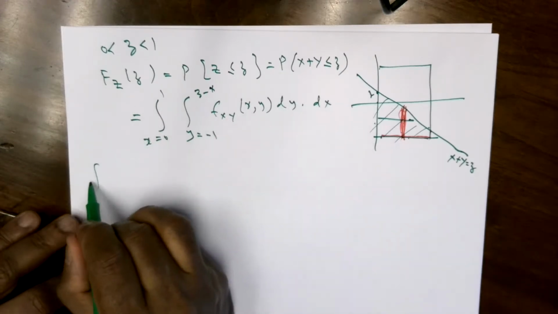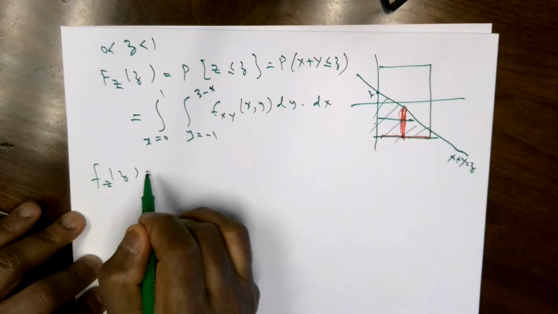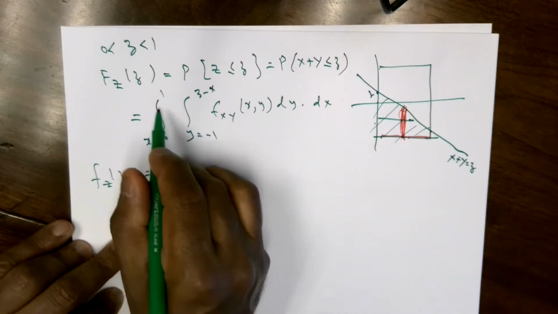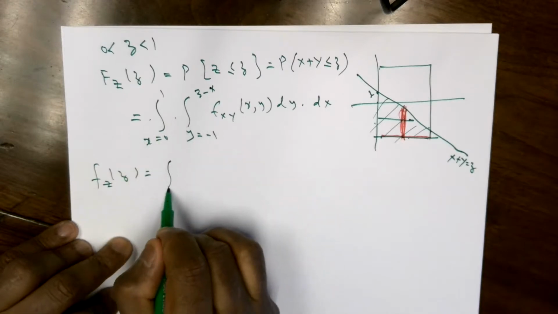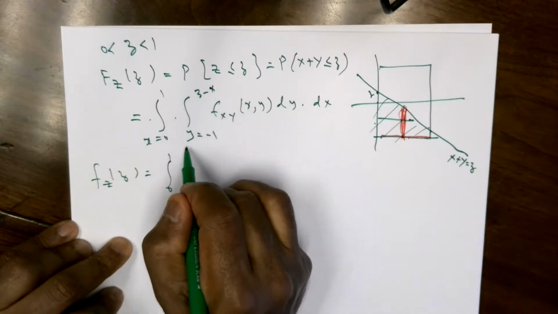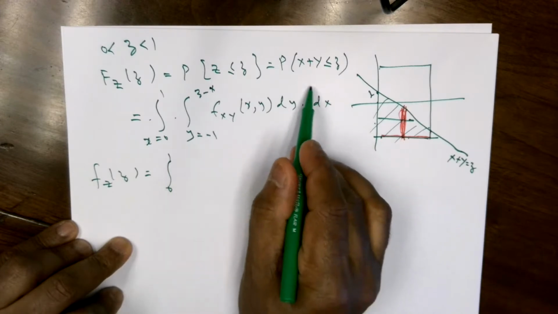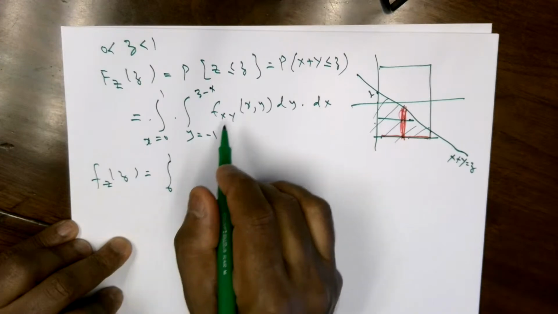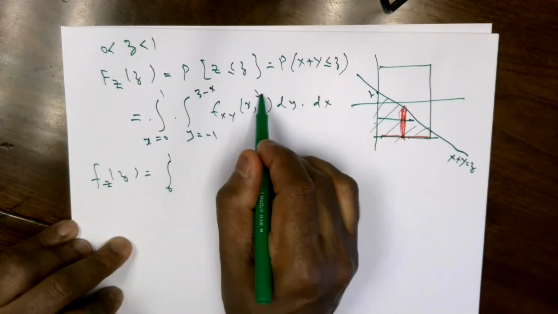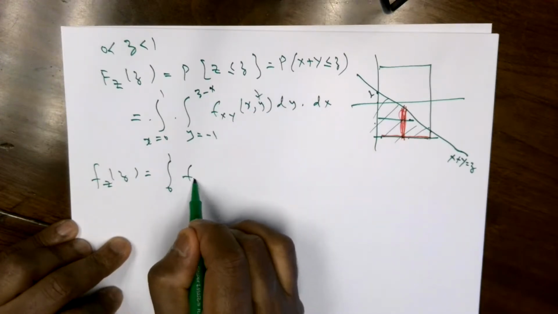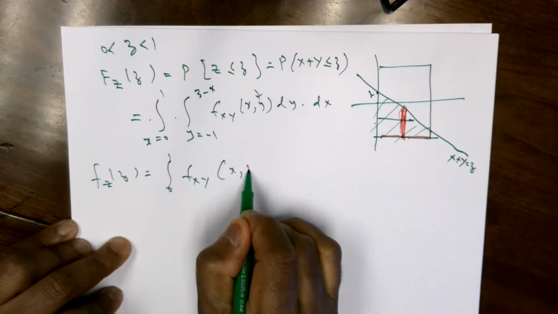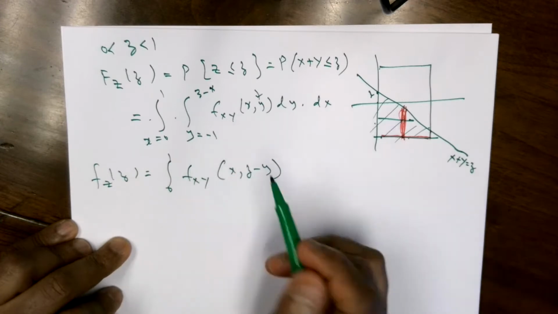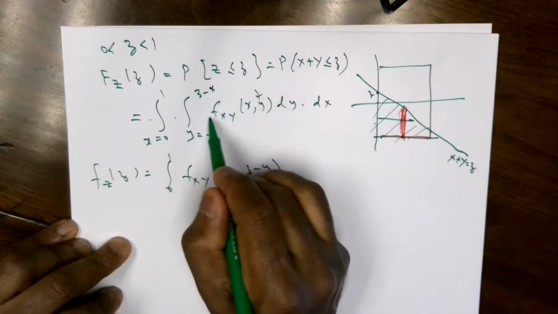So let's do the derivative again. The derivative goes inside the integral from 0 to 1. We need to do the derivative of this with respect to z. The derivative of the top limit with respect to z is 1. Wherever there's a variable of integration, we substitute z minus x, so that's f_XY(x, z minus x), minus the derivative of the bottom limit, which is a constant. The third term is the derivative with respect to z of the integrand, which is not a function of z.